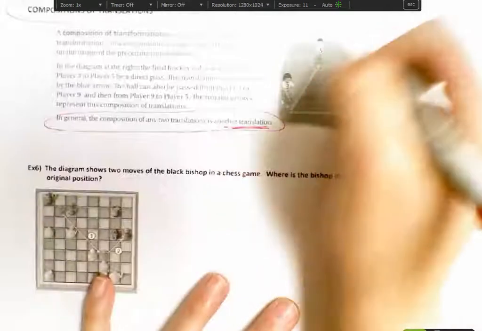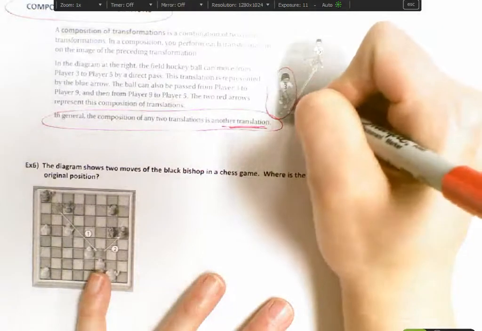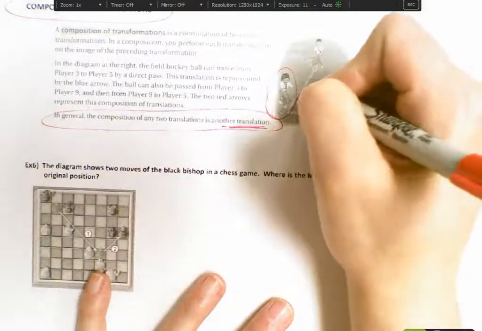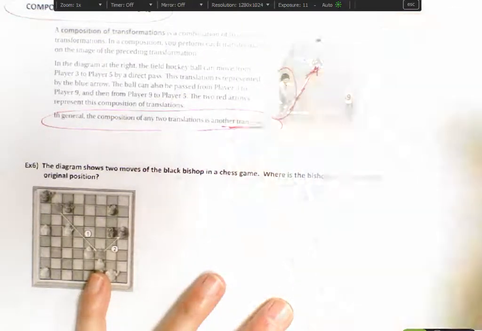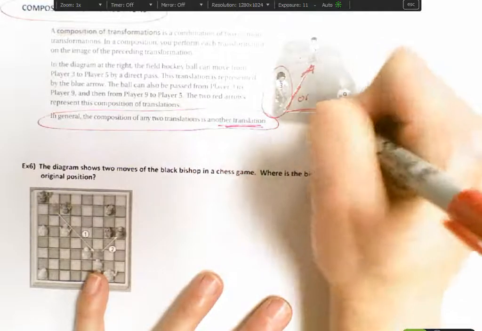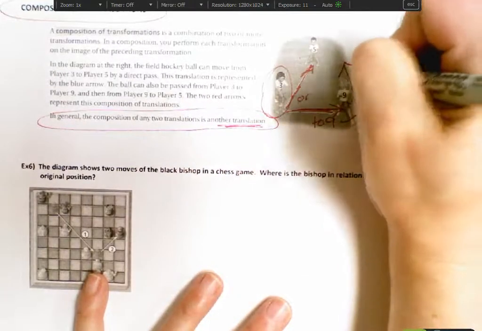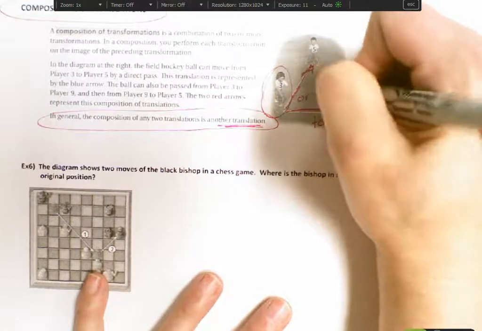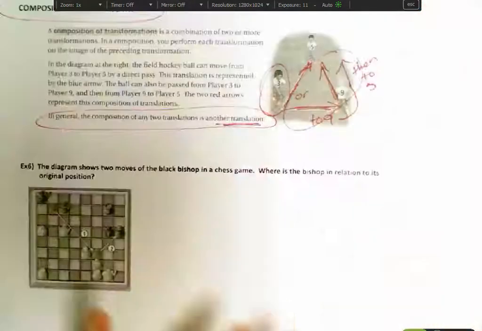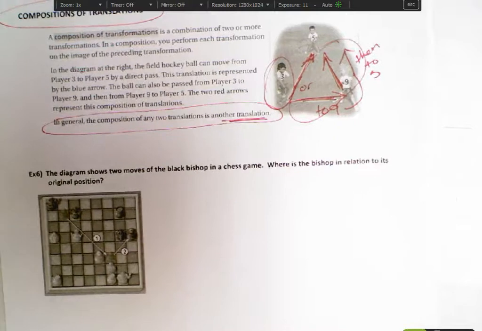So what we're talking about is if this player, 3, can shoot the ball directly to 5, or she can shoot it to 9, who then shoots it to 5. This piece here would be a composition. We end up in the same spot, in the same translation spot. We've just composed two different ways to get there.